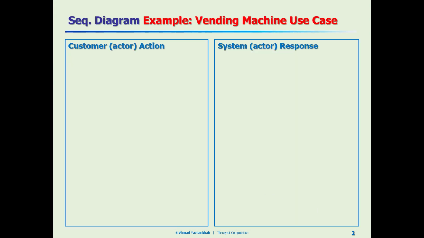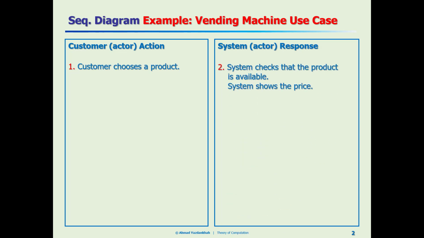Now let's have a quick demo about the sequence diagram. This is an example of a vending machine use case that shows how the user interacts with the machine. First, the customer chooses a product, and then the system checks whether the product is available or not.